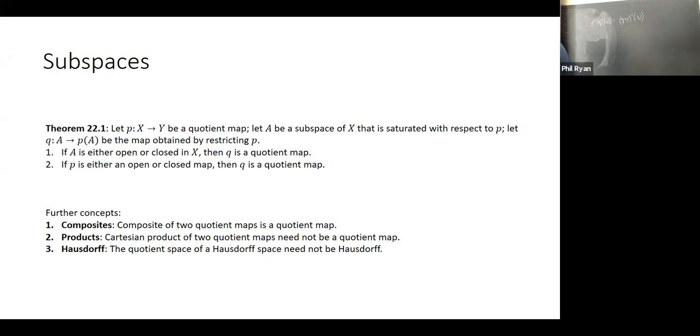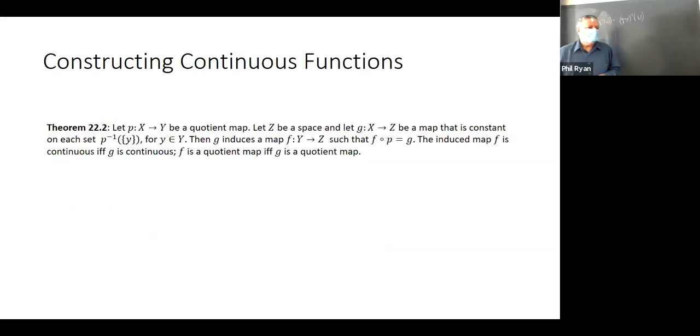But of course, the really big thing that we always worry about is continuous maps. Okay, so what can we do to get continuous maps? Constructing continuous functions. That's the main thing we want to talk about today.